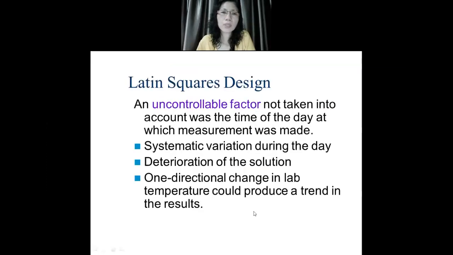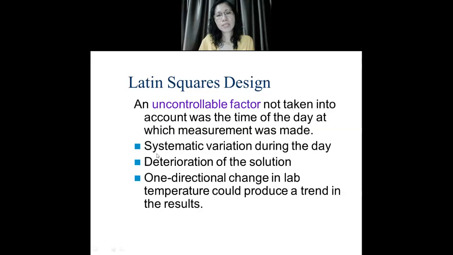Now, Latin square design is a further step from the randomized block design. Now, an uncontrollable factor for the example that we were looking at is that the time of the day when the experiment or the measurement was made was not taken into account.